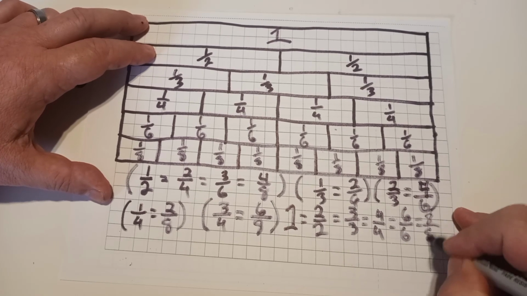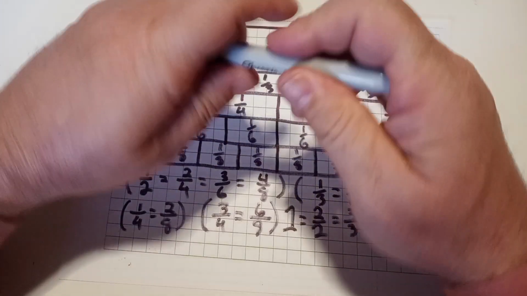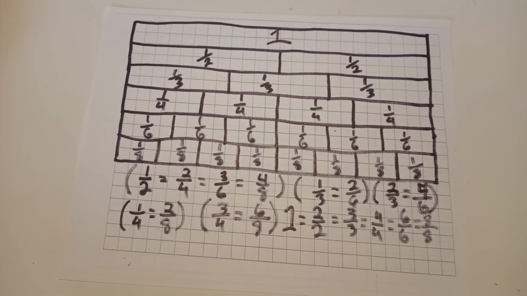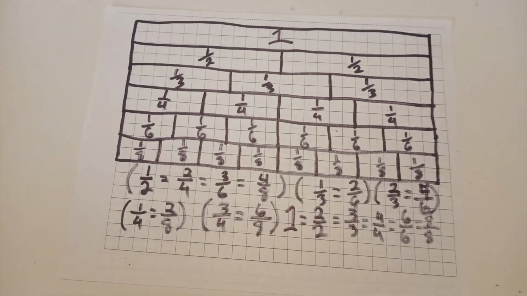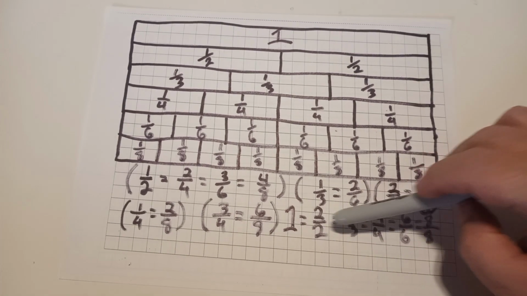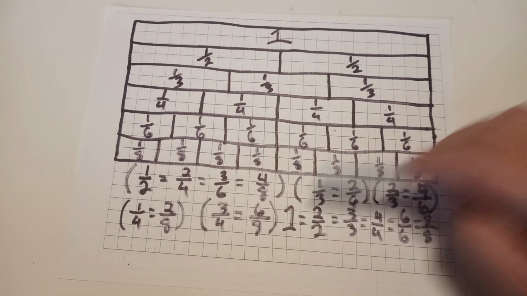Those are all improper fractions because the numerator is not less than the denominator. In this case, it's equal. Whenever your numerator and denominator are equal to each other, that represents one whole.